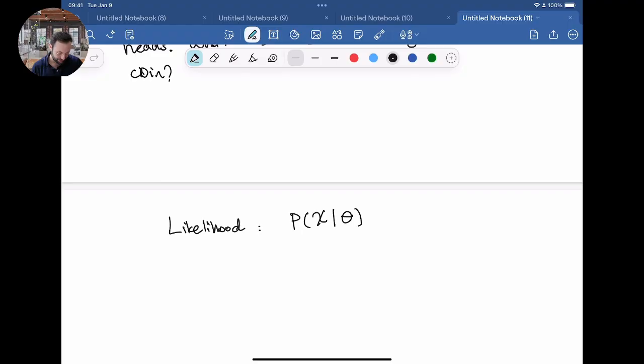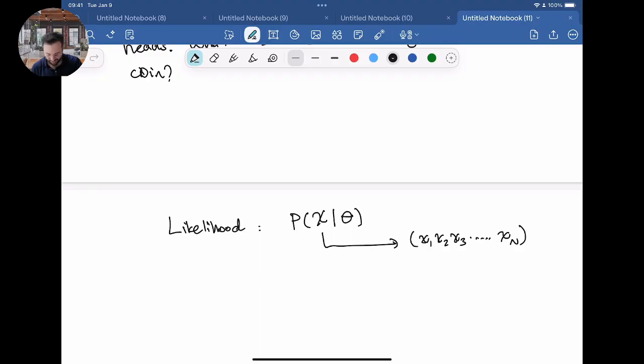And this X is nothing but x1, x2, x3, and so on, up to n.